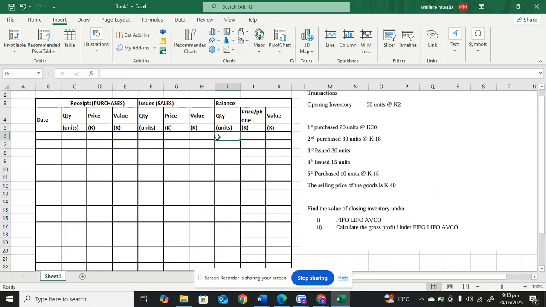So we're going to start with our opening stock. 50 units, that's the quantity. They're valued at 2 kwacha per unit. So the total value, we're going to say 50 times 2 kwacha per unit.